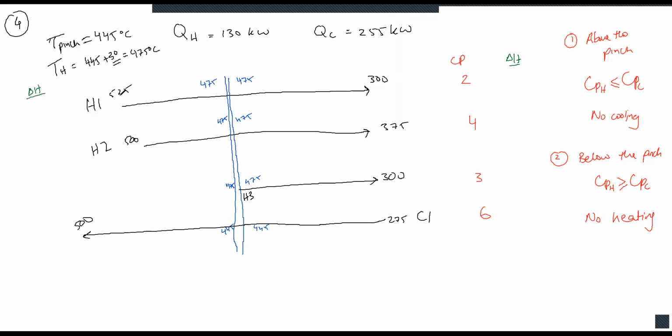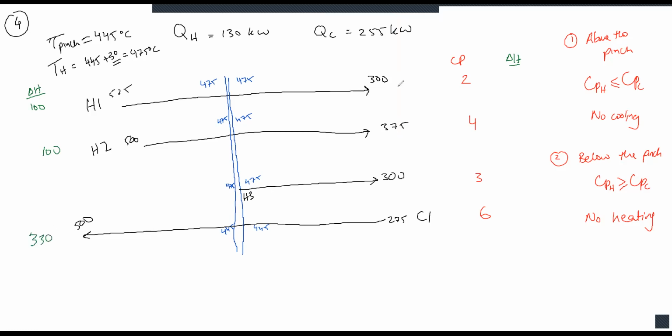So let's look at this side first. 525 minus 475 is 50 multiplied by 2. That's 100. 500 minus 475, that's 25 multiplied by 4. That's also 100. 500 minus 445 is 55, right? Multiplied by 6. This is 330.